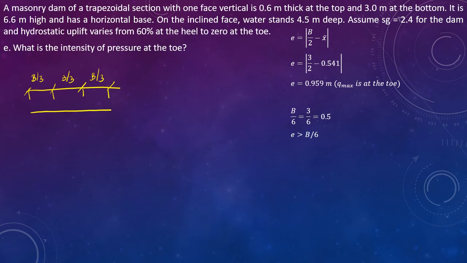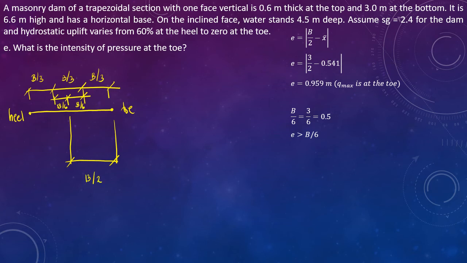And in the middle third, we divide it into 2 so that we have b over 6 and b over 6. Now based on the problem, this is the location of the toe and the location of the heel. And from the middle, we have b over 2.